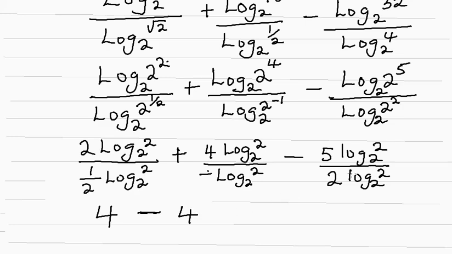The same thing happens here: log 2 in base 2 is 1, so here I'm having 5 all over 2. So 4 minus 4 is 0, and my answer now is minus 5 over 2, which in a mixed fraction is minus 2 and 1 over 2.